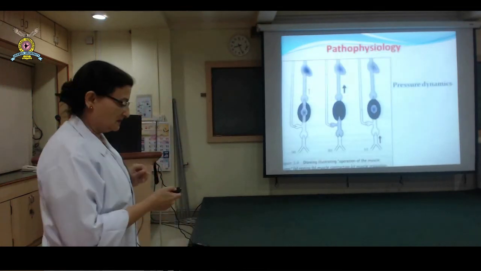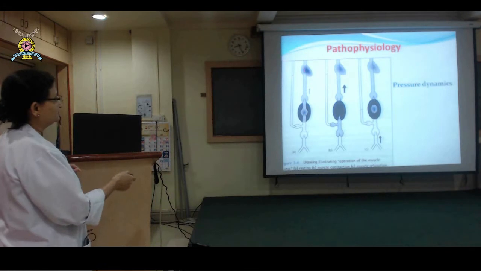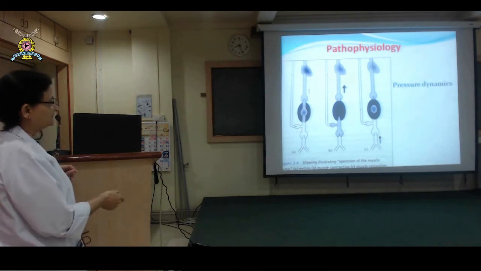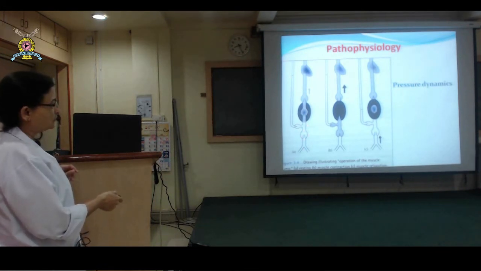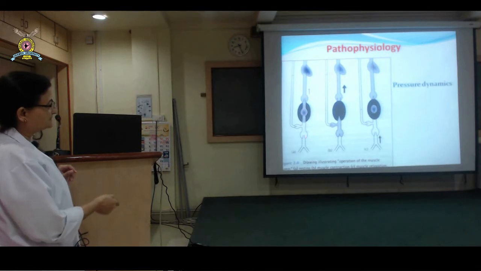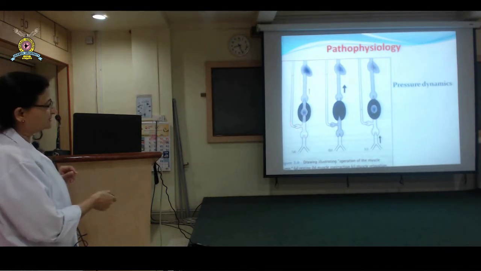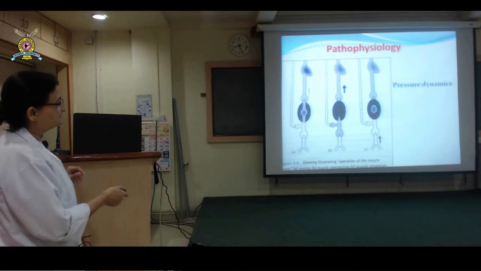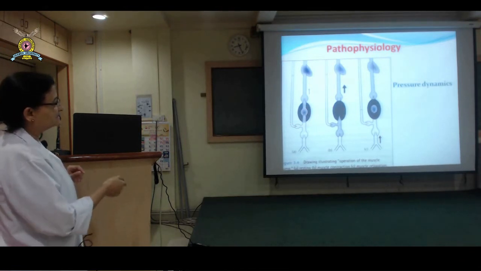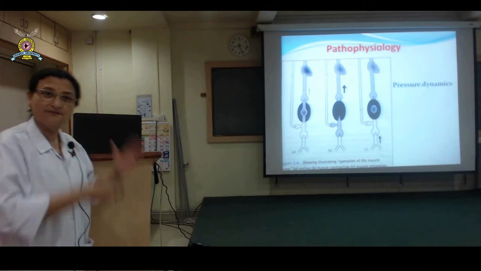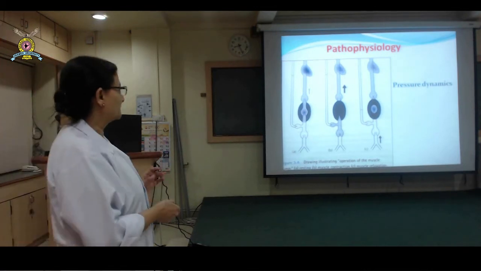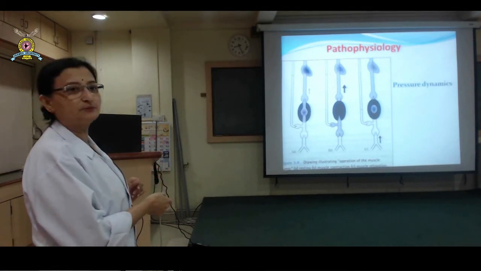See this. This is at rest. At rest, see all the valves, this is open, in the deep system there is a continuous column, this valve is closed, this is the superficial venous system. So this is at rest, there is a venous column, there is pressure in the venous column. Now the calf muscle pump is put into action.